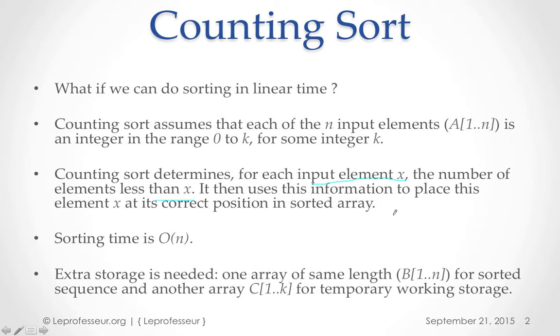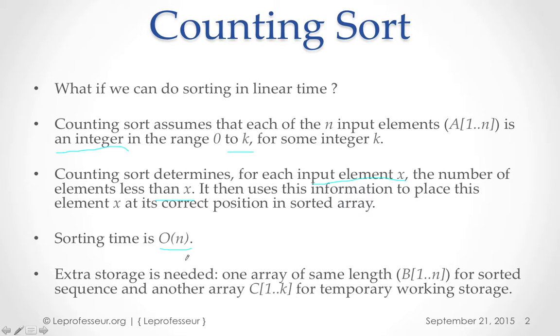We will see in a second. Time complexity for this algorithm is order of n, linear time, provided that we have the condition that the inputs are integers, and they fall within some range.